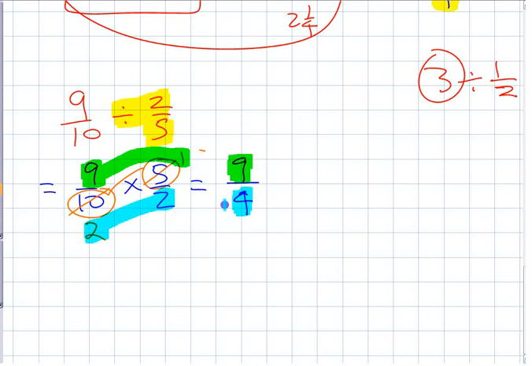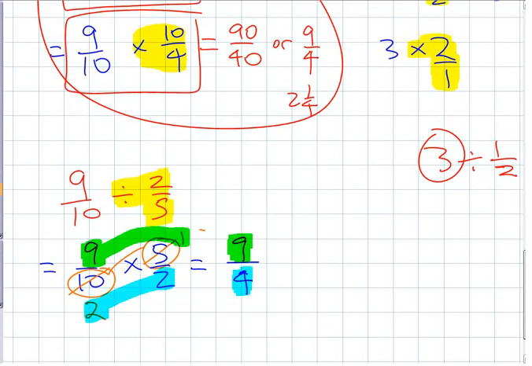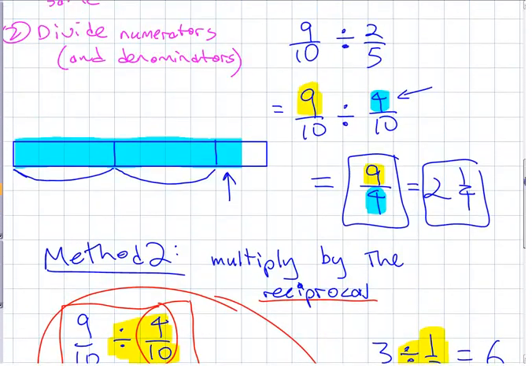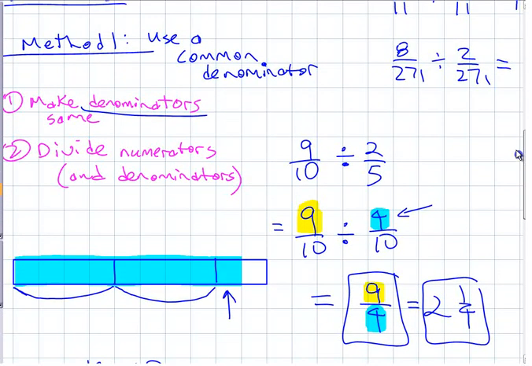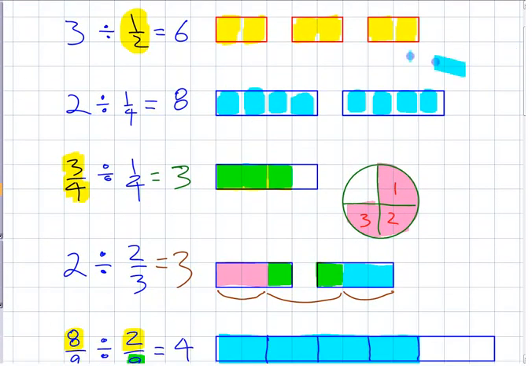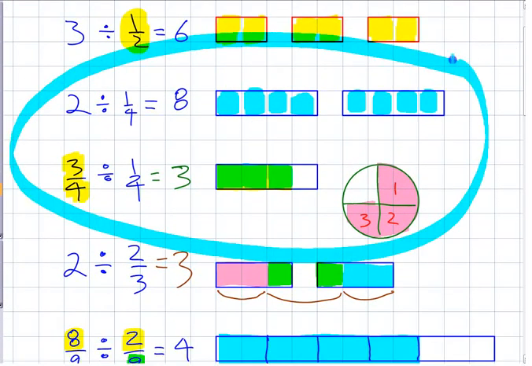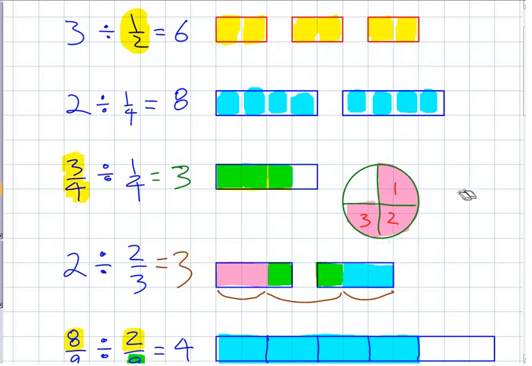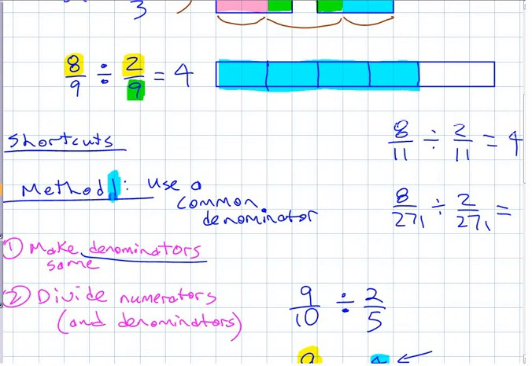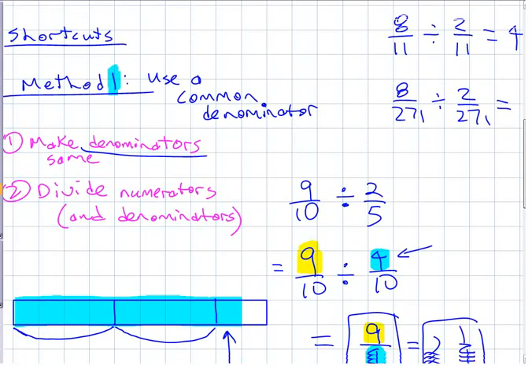This is a lot to digest for one day, all these different methods. As you work with it, make sure you're okay with all the different methods. There are 3 things you need to know in grade 8. Number one is being able to use diagrams to show simpler division questions. Number two is using a common denominator.